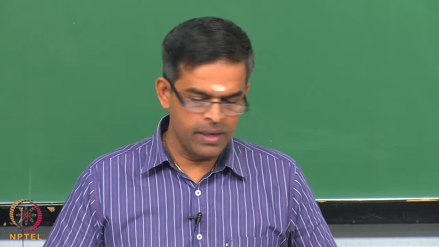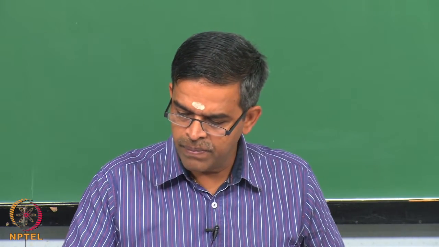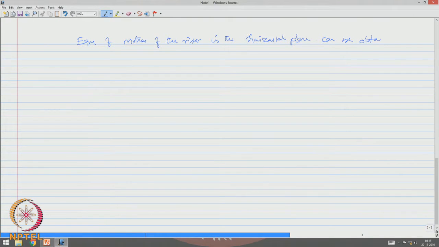Now, I want to write the equation of motion of the riser in the horizontal plane. As we said in the last lecture, one can write this in any plane, but we are interested in writing in the plane where the motion response of the platform is captured. So, we will do it in the horizontal plane. This can be obtained by combining the above equations.